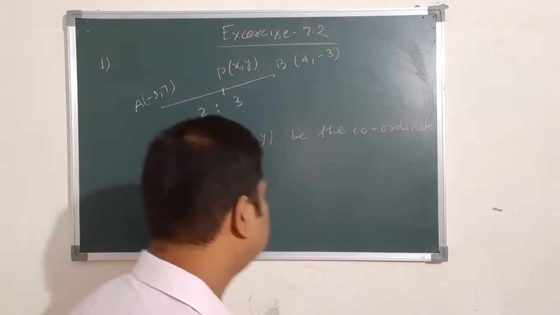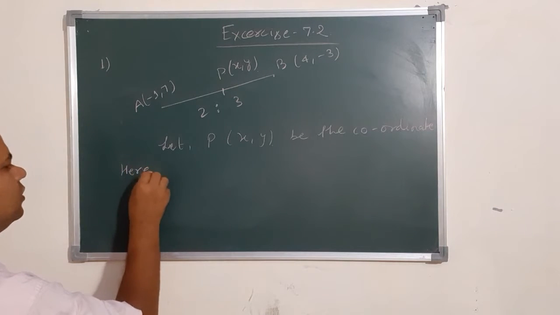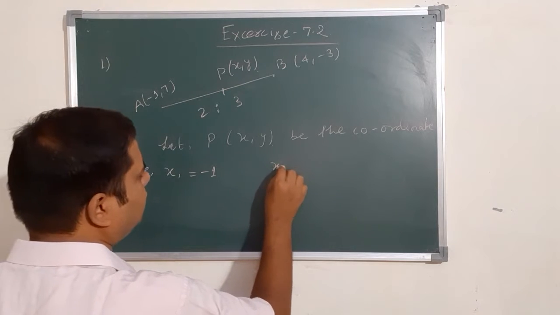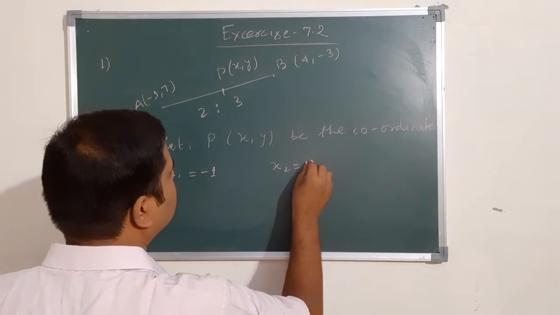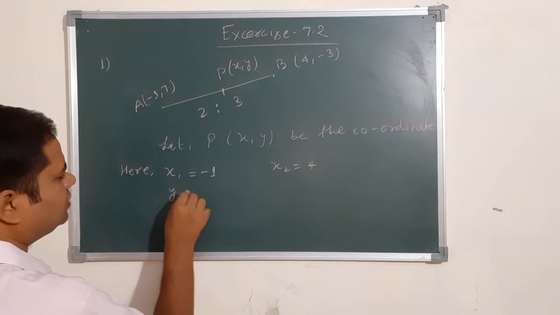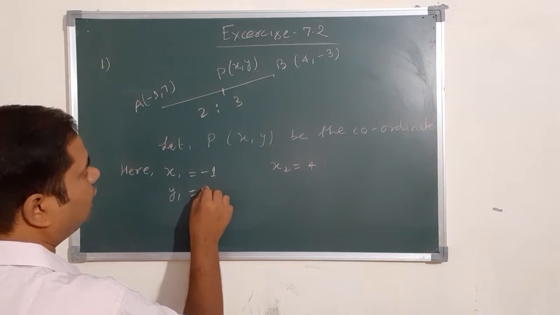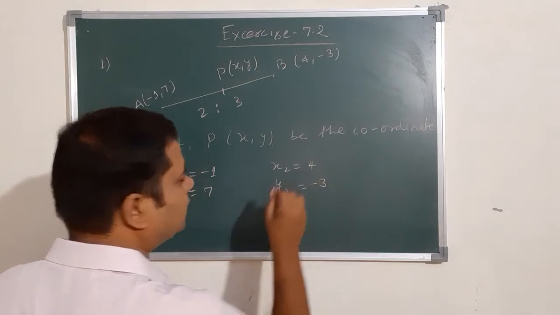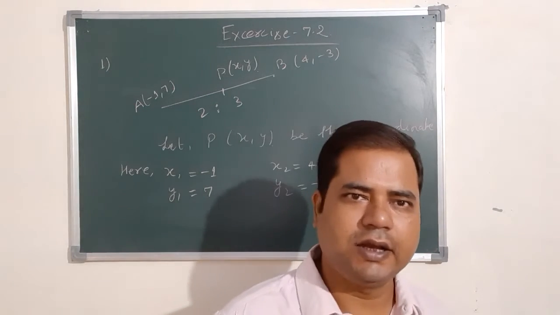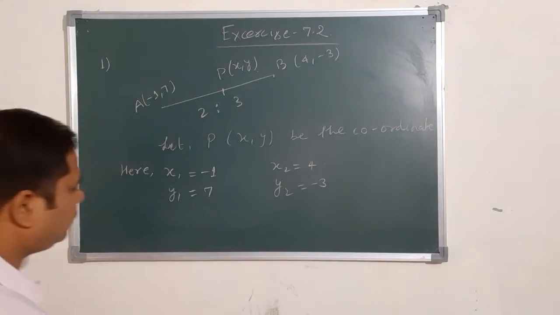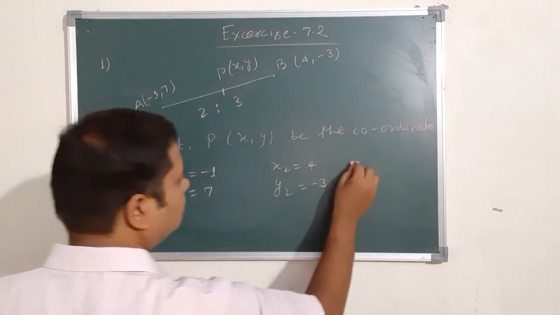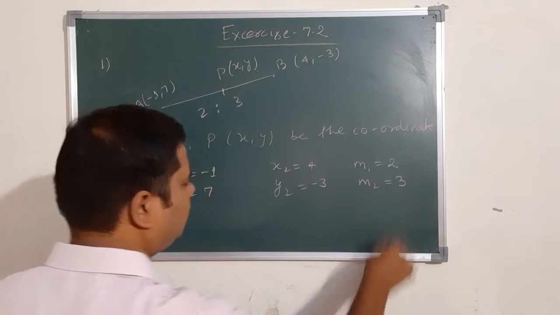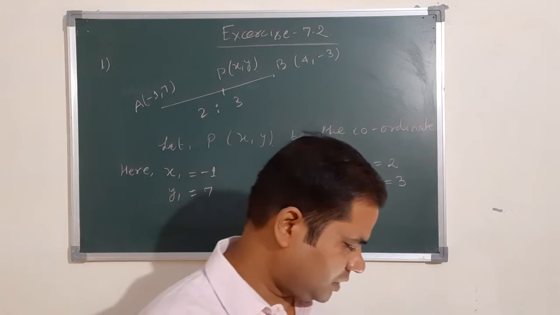We have to write here. x1 is -1, x2 is 4, and y1 is 7 and y2 is -3. Now here m1 is 2 and m2 is 3 because 2:3 is given here.